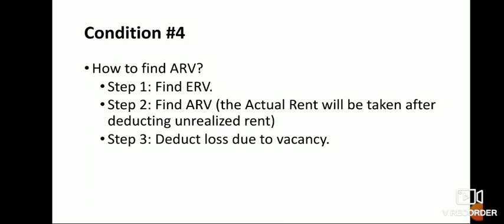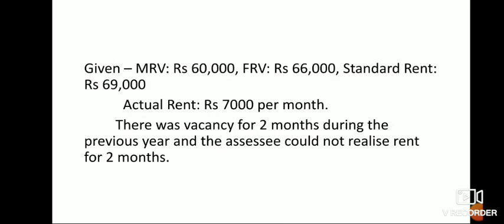So we just have to apply the steps which we have learned in the previous condition. So step 1, we find ERV. Step 2, here again the unrealized rent will be deducted from the actual rent before finding out the ARV. And step 3, we will deduct the loss due to vacancy.